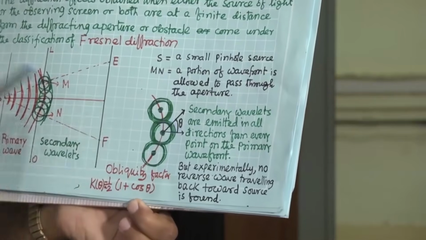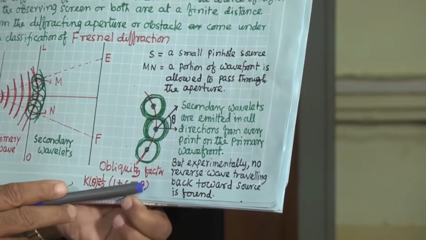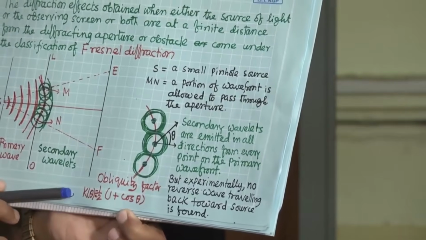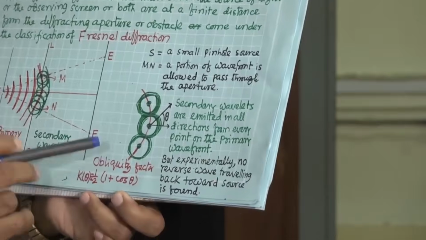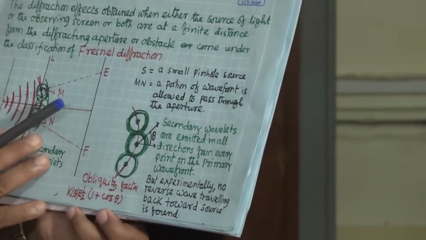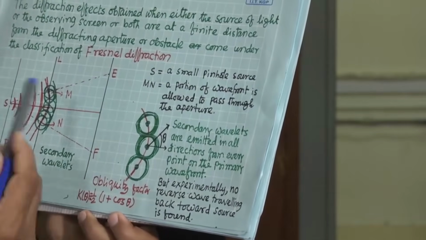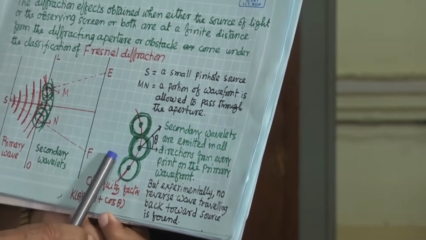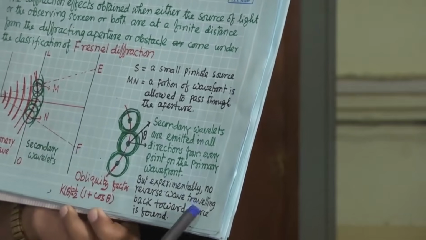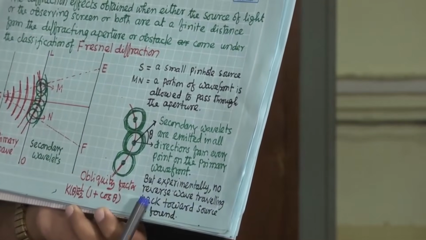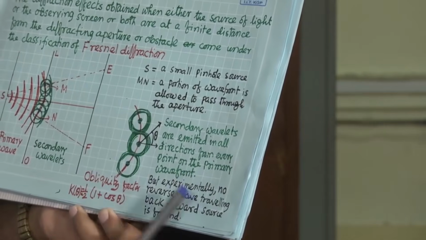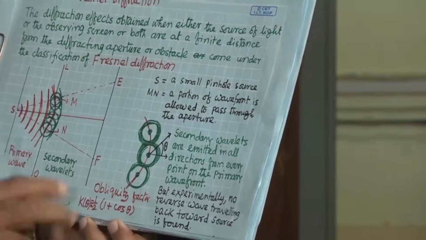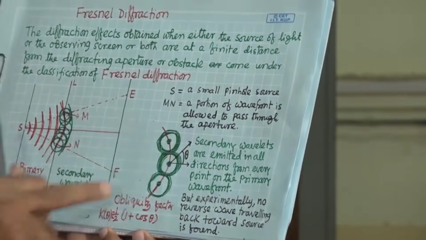If theta is 180 degrees, cos theta is minus 1, so the obliquity factor is 0. This factor is multiplied in, and it represents the experimental fact that no reverse wave travels back toward the source.